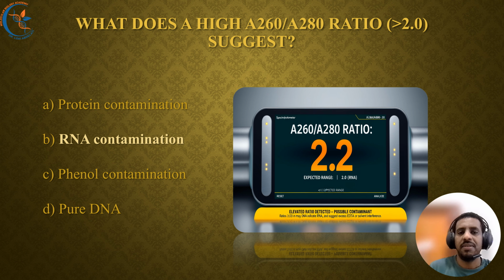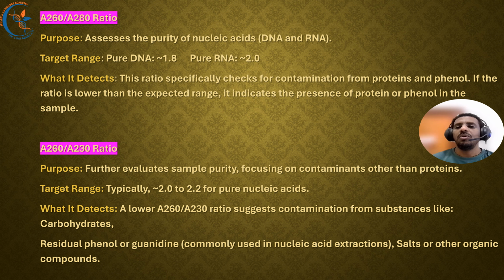All right, the last slide we have today highlights two critical ratios used to assess the purity of nucleic acid, DNA and RNA, using spectrophotometry: the absorbance 260 over 280 ratio and the 260 over 230 ratio. Let's start with the first one, absorbance 260 over 280. This is used to detect contamination from protein or phenol.